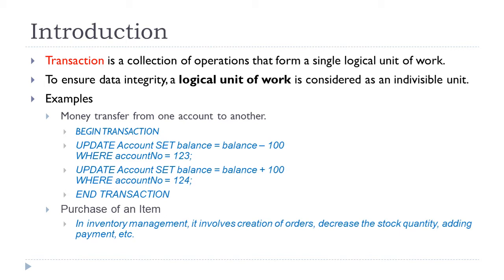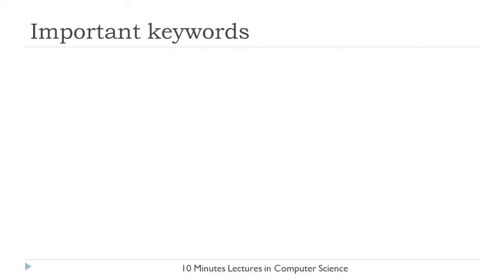Likewise, we have so many examples, like creating an inventory management. It involves creation of orders and decreasing the stock quantity from one table and adding a payment record into another table and so on. Each one involves individual instructions to be executed as part of a single transaction.